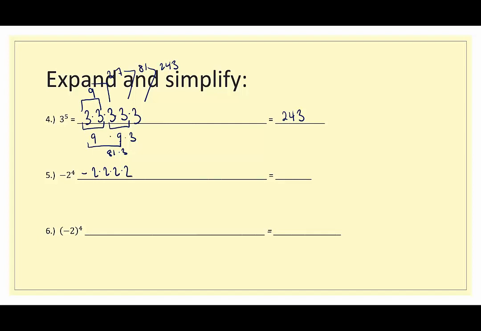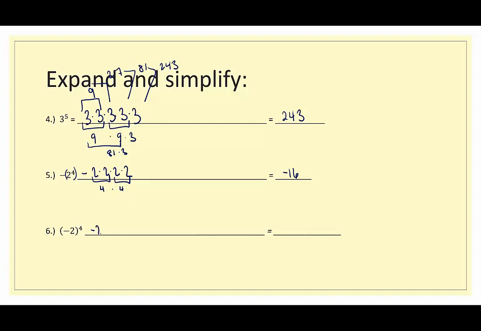So basically we do this first, and then just attach the negative to it. Or think of this as -1 times 2 to the 4th. Here we have 2 times 2 is 4 and another 2 times 2 is 4. We have a negative times 4 times 4. This would be -16. Versus question 6, where now the base will be -2.